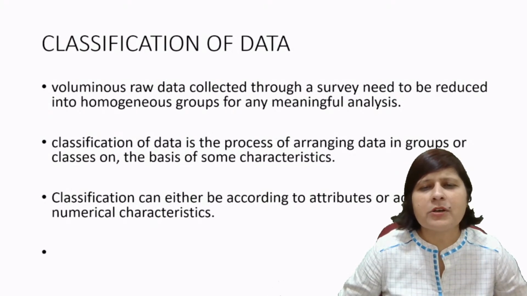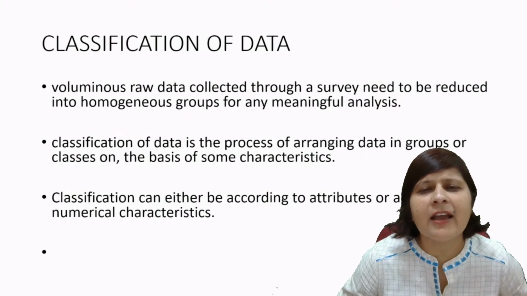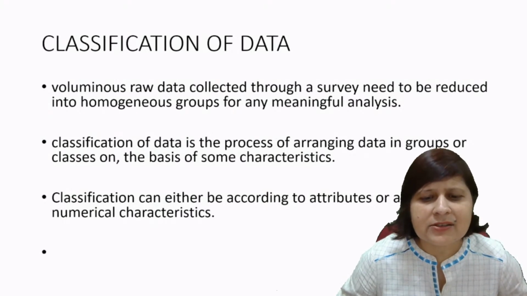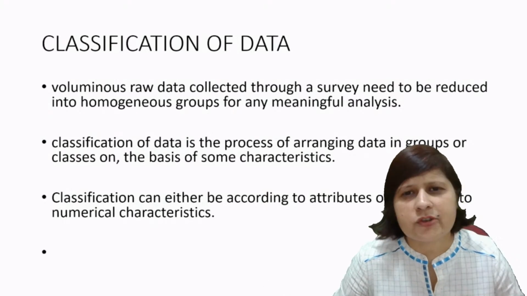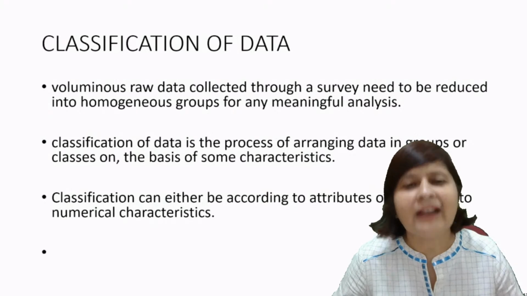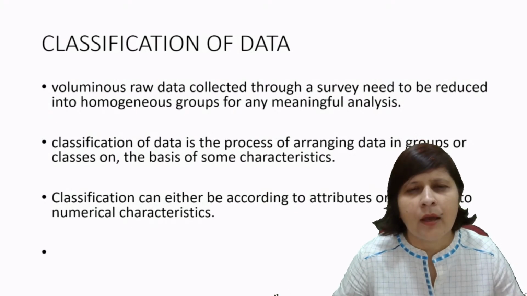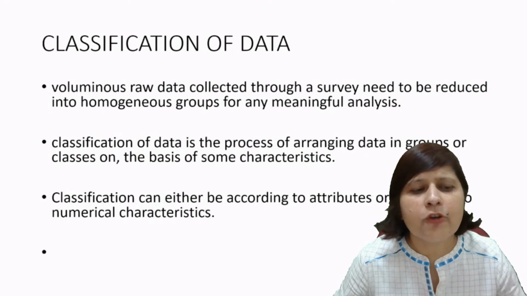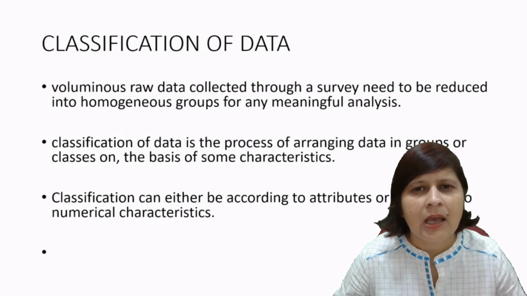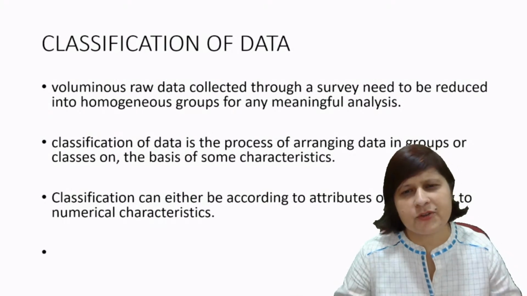Classification of data is the process of arranging data in groups or classes on the basis of some characteristics. What is classification of data? Classification, that is division of data. Arrangement of data in groups. On what basis? On the basis of some characteristics.